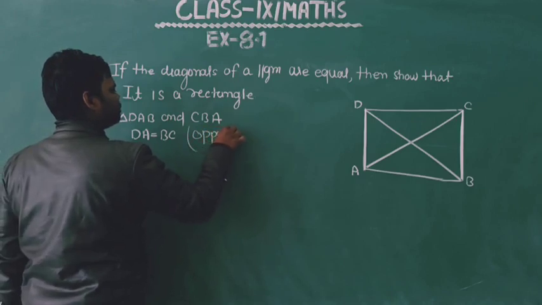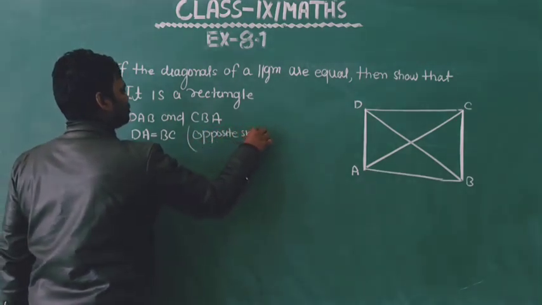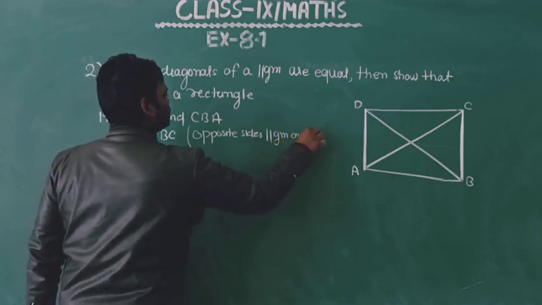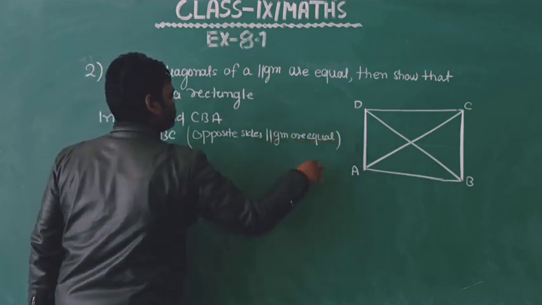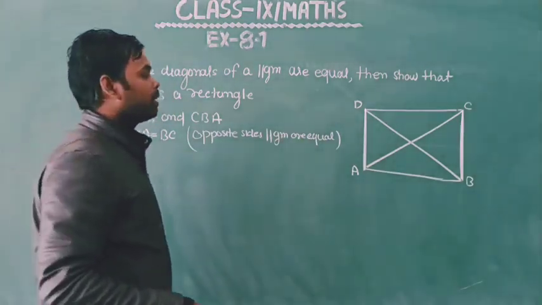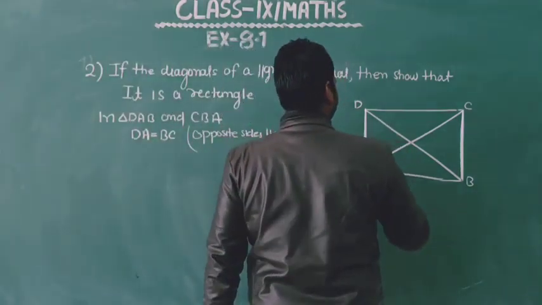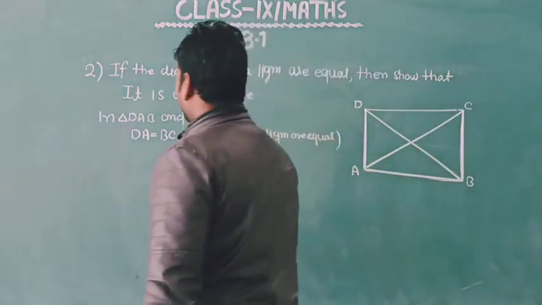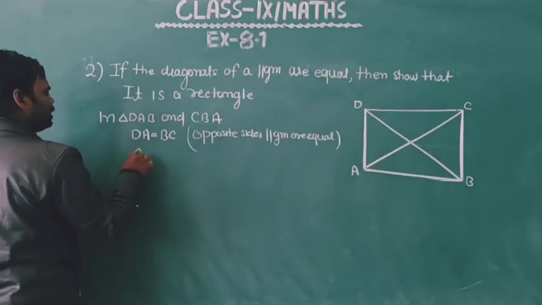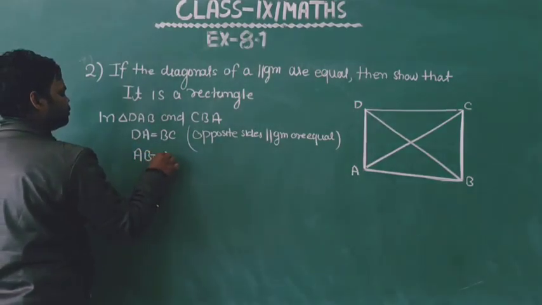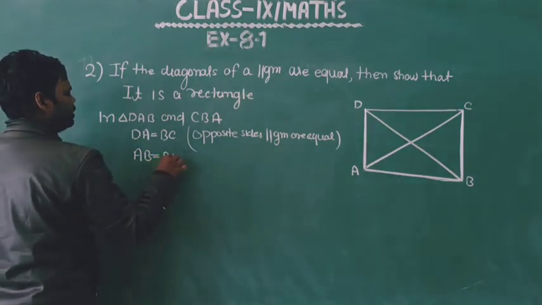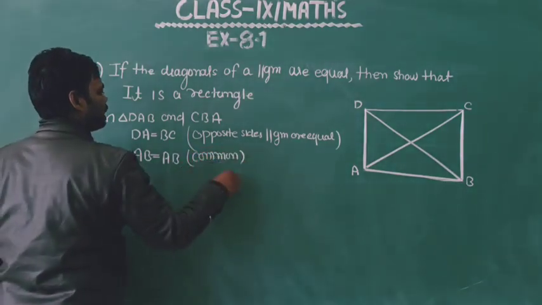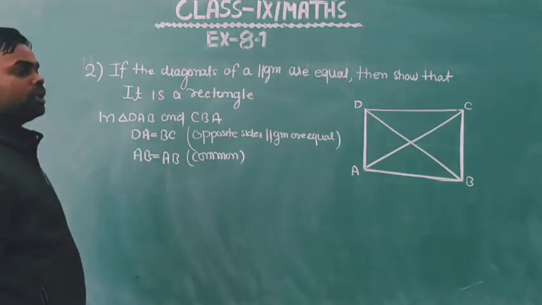And next, AB equal to AB. This side is common in both the triangles.